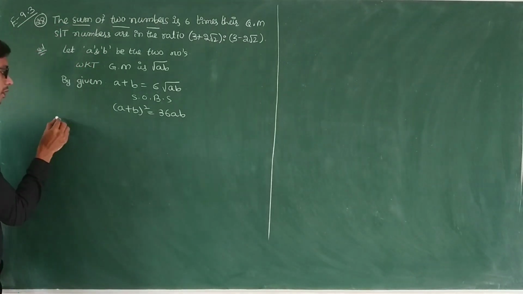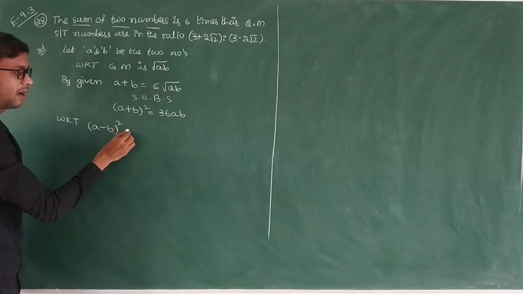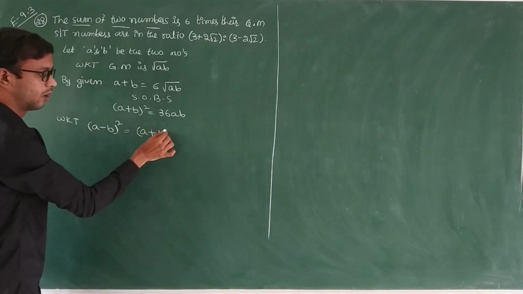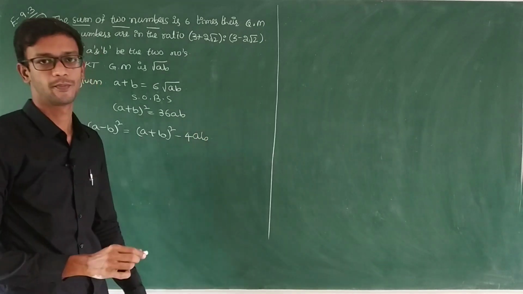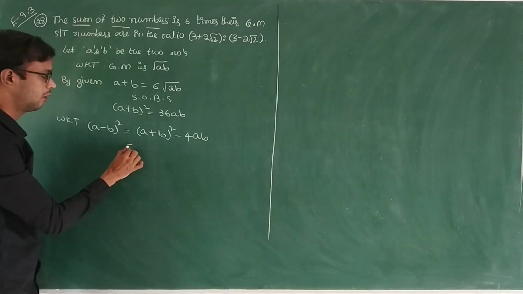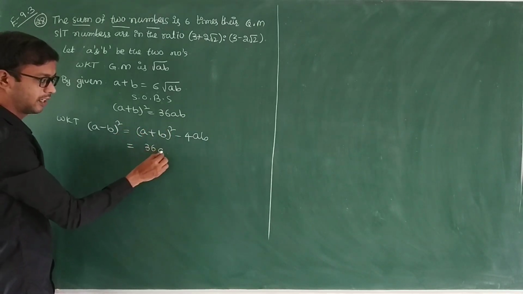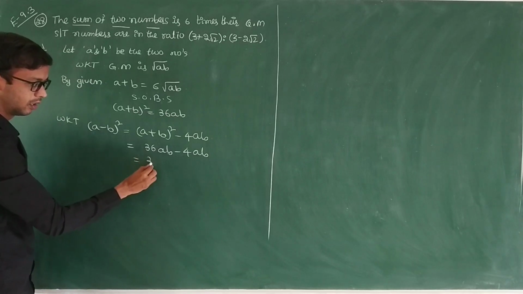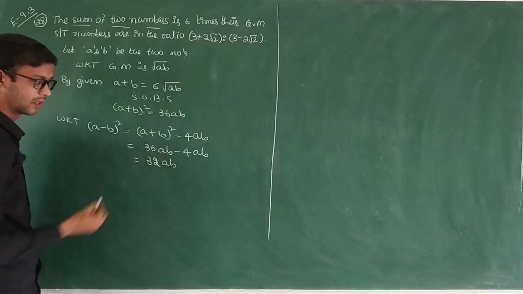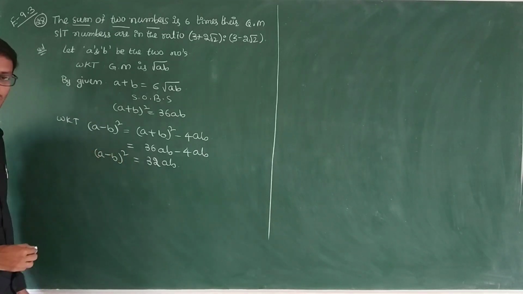Next step, we know the formula: (a minus b) whole square is equal to (a plus b) whole square minus 4ab. So this value is 36ab minus 4ab, that is 32ab, which is the value of (a minus b) whole square.